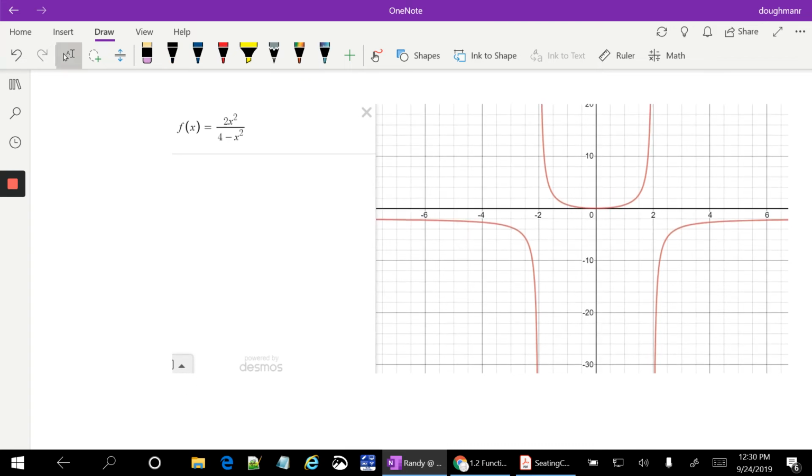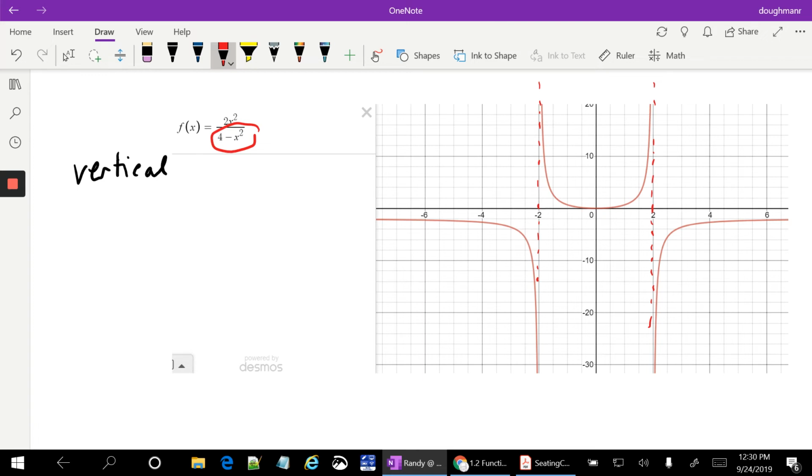Now let's look at the vertical asymptotes. Vertical. And you can pick them off the graph over here at x equals -2 and x equals 2, which should not come as a surprise. We could have figured this out algebraically because vertical asymptotes tend to happen at numbers we can't put in the denominator, or numbers that aren't in our domain.